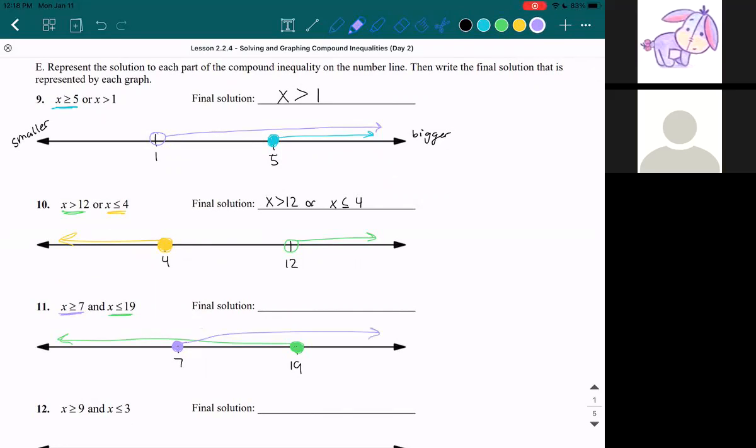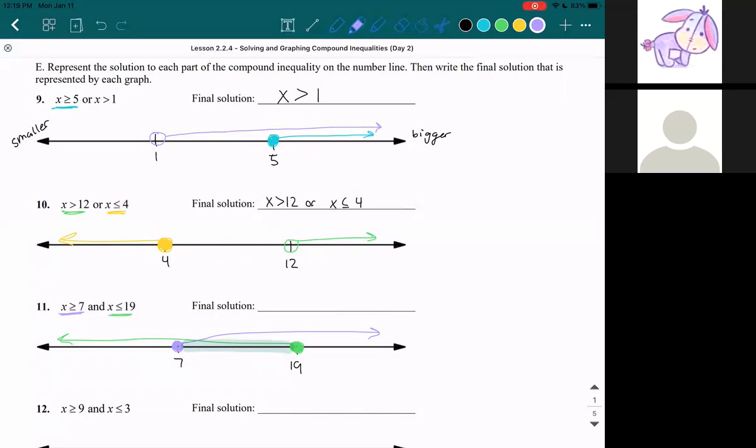Okay, so now you will notice that there is some overlap over here in the middle. I'm just going to highlight it in green, whatever. This part gets highlighted in green, and this part also gets highlighted in purple. So it's shaded in by both the x is greater than or equal to 7 and the x is less than or equal to 19. It's covered by both.